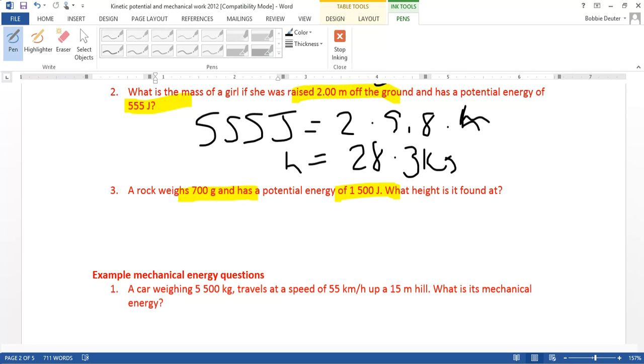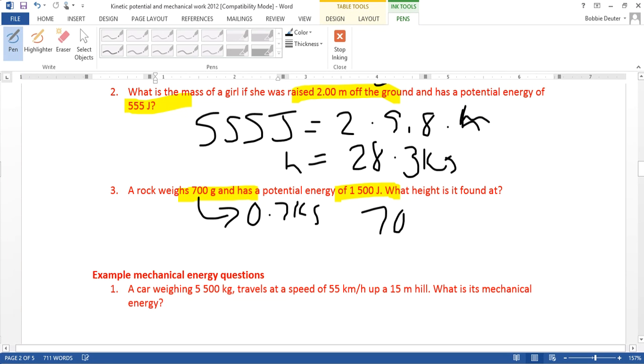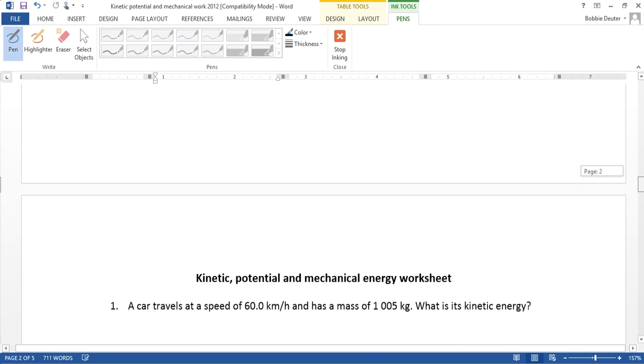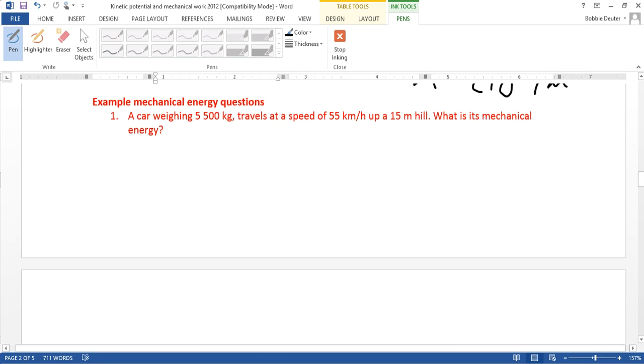Yes, we have to convert this into kilograms, 0.7 kg. And we have 1500 is equal to 9.8 times 0.7 times height. This time it is height that we're looking for. Height being 218.7 meters.